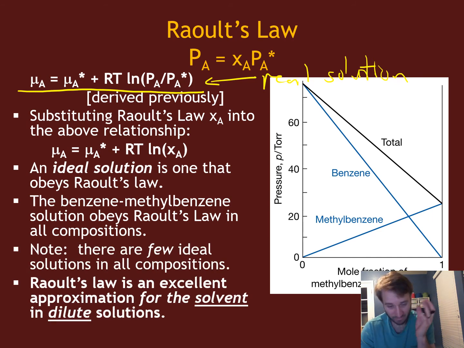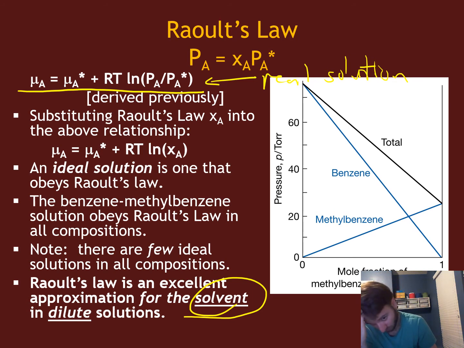This is not a very common thing. Most mixtures are not ideal, but for lots of mixtures we can use Raoult's law to approximate the solvent's chemical potential in a dilute solution.